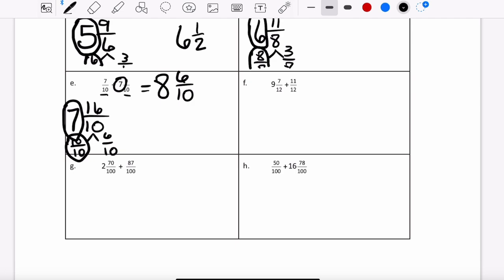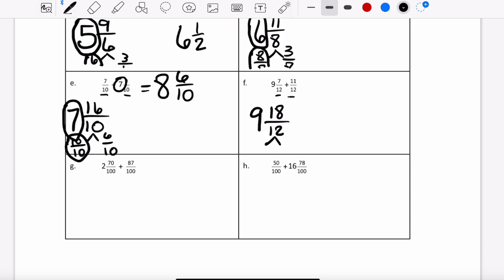Okay, looking at the next one, 9 7/12 plus 11/12. So we add 7/12 plus 11/12. 7 plus 11 gives us 18/12. We put our 9 wholes in front. We break apart our 18/12.